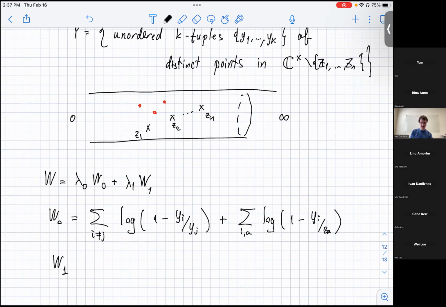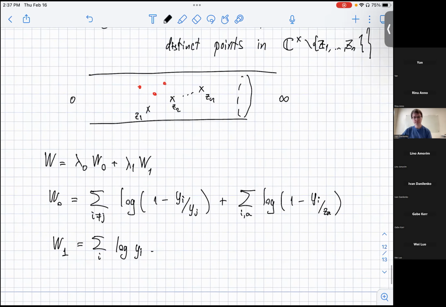And the first one will be much easier. It will basically count going around the cylinder. So it will be the summation of log yi's.